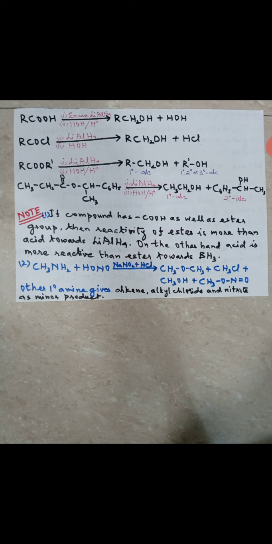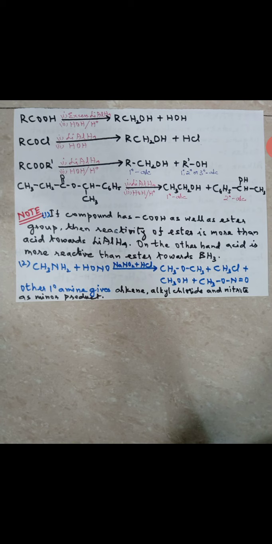Ester group also will undergo reduction. Which will undergo reduction faster? That is what I have given. Ester will undergo reduction faster towards LiAlH4 compared to COOH. This you have to remember. Clear? The reactivity will be faster in case of ester than COOH.